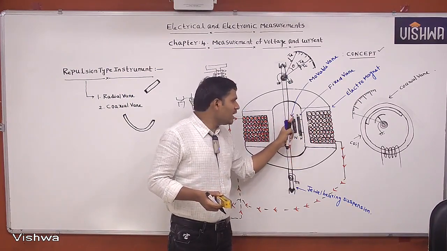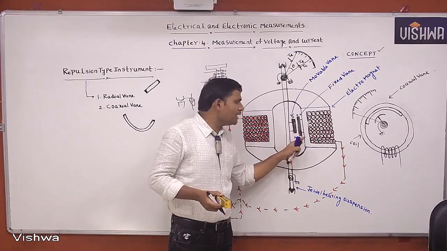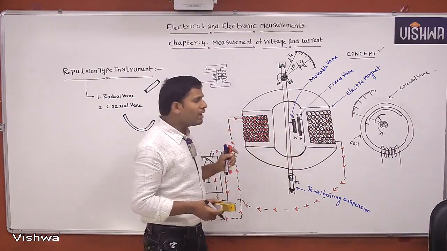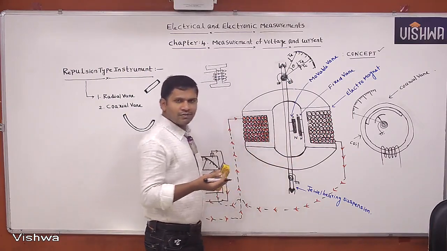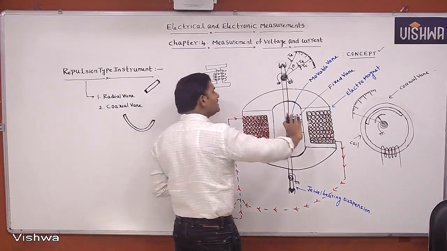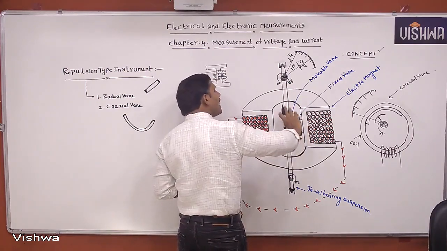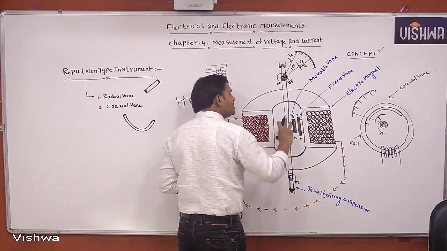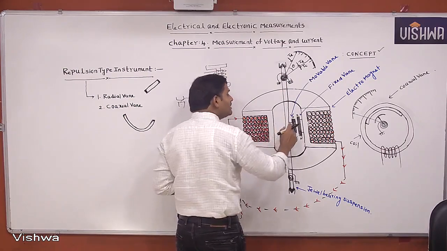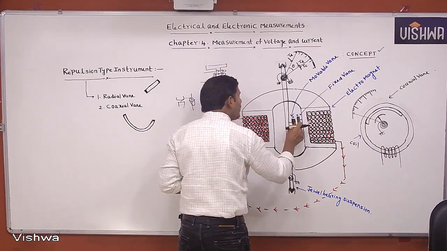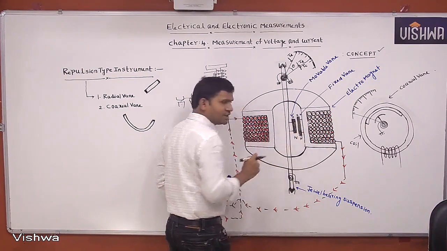For example, it is north, it is also north, then it is south, it is south. Because of similar poles, there exists a force between these two iron pieces.